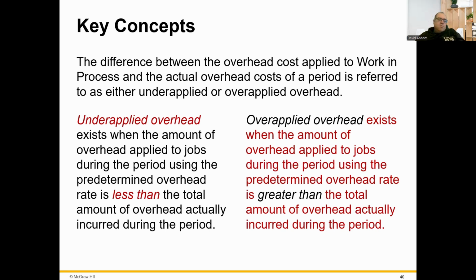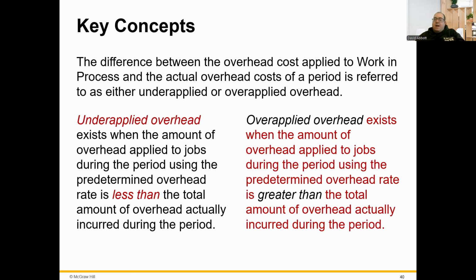What that means is that what we calculate initially, which is what we use when we're figuring out our work in progress, and what actually took place may or may not work out to be exactly the same.